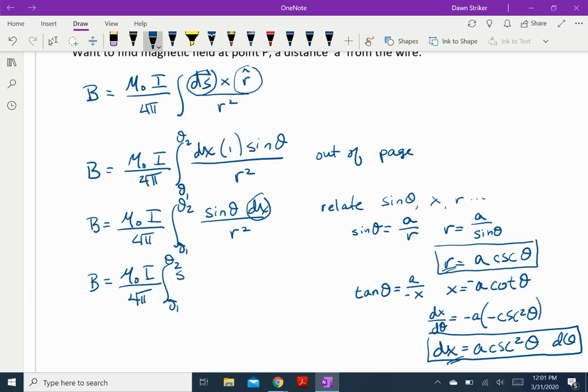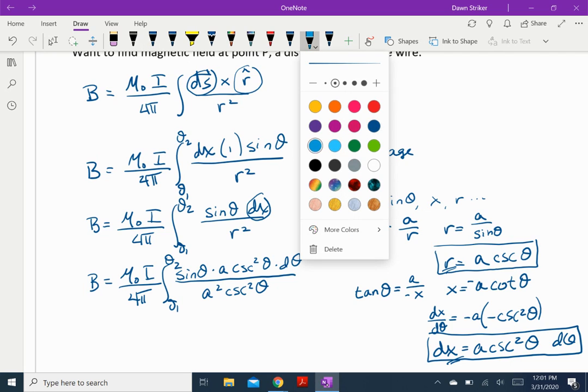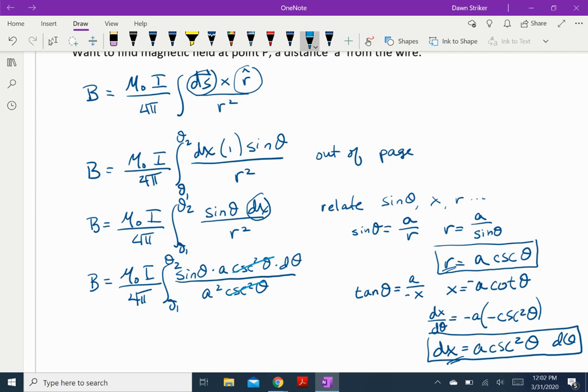Sine of theta stays where it is. dx is a cosecant squared theta d theta. r gets squared. So r is really a cosecant theta, a squared cosecant squared theta. Okay, so you can see that making those two substitutions really simplifies things. Ooh, that goes away. Thank goodness.